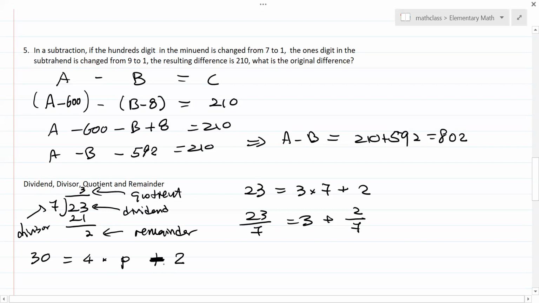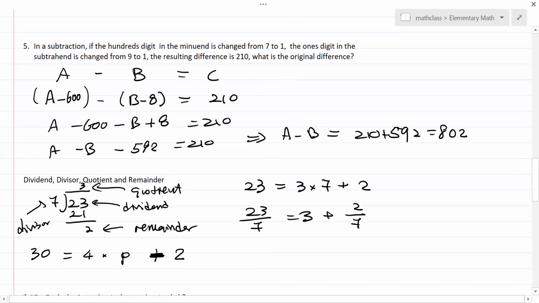So what is that number? Can you solve it reversely? What's the problem? The problem is, how do you figure out this number?